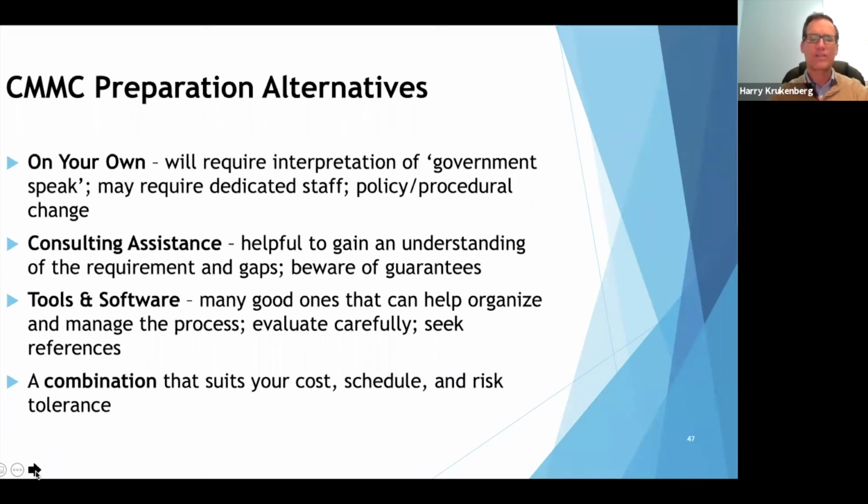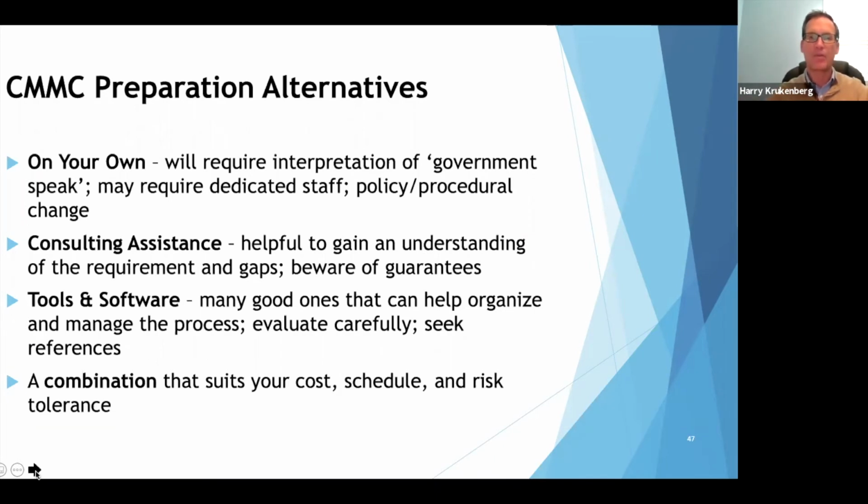But one of the warnings that I would give here is beware of guarantees. We've talked to a lot of customers who have talked to various consultants who have proposed a single price to become CMMC compliant and guaranteeing them compliance within a certain period of time, a month, 6 months, a year, depending on level.